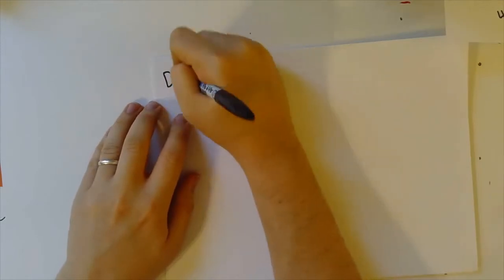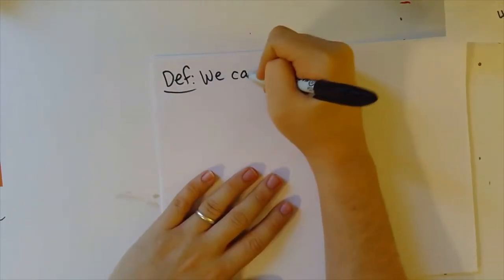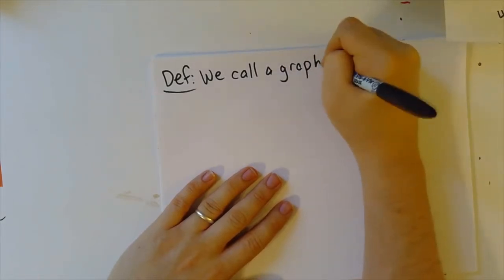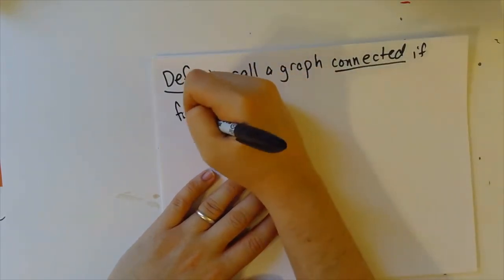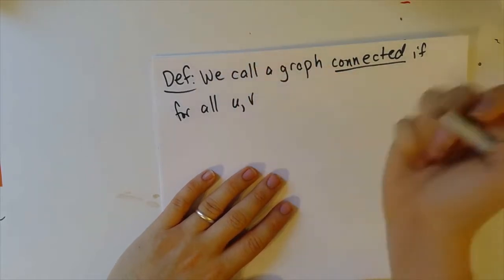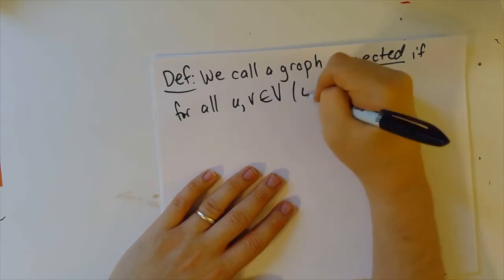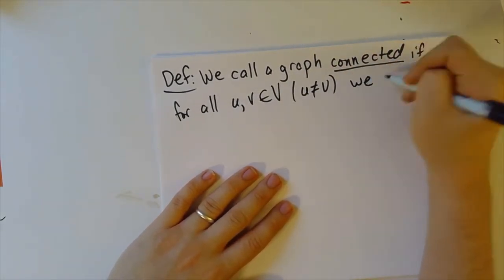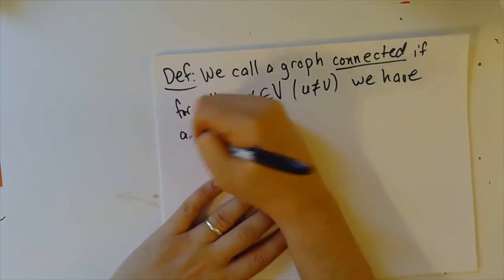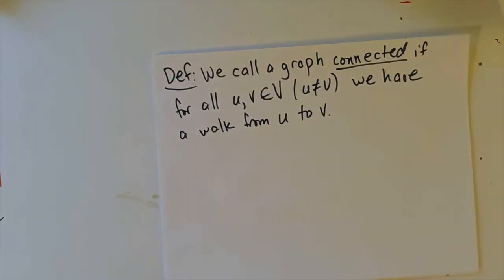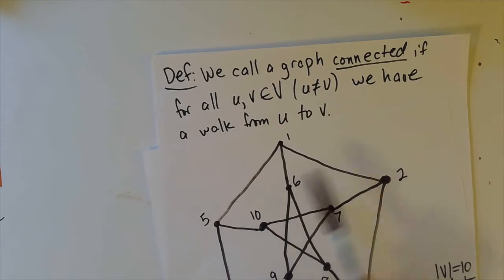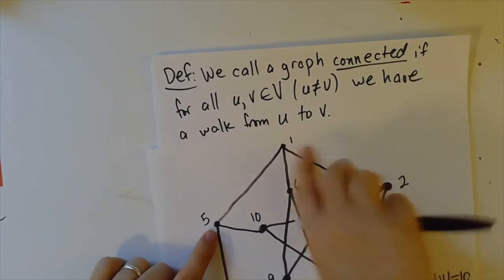Next, I want to talk about connected. So we call a graph connected if for all pairs U and V in V with these not being equal, we have a walk from U to V. So, in other words, no matter what place I start and stop, no matter which two I pick, it's always possible to get from one to the other.